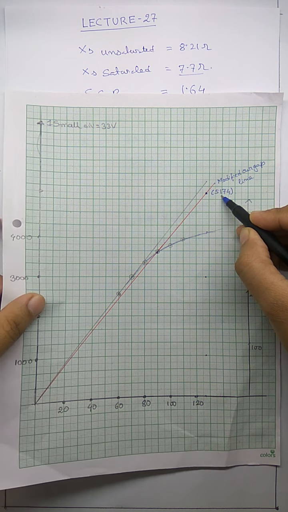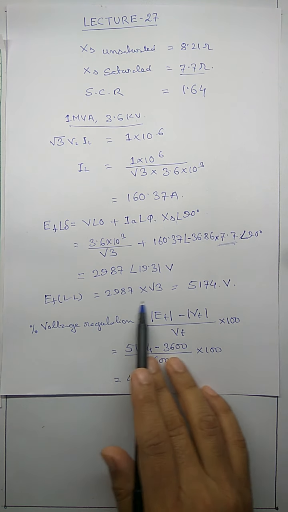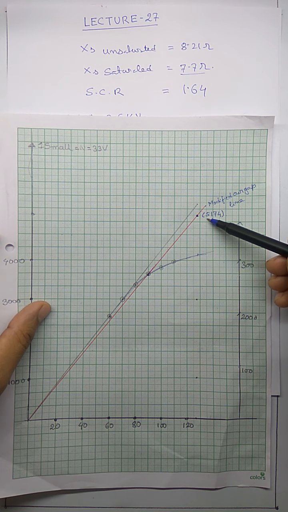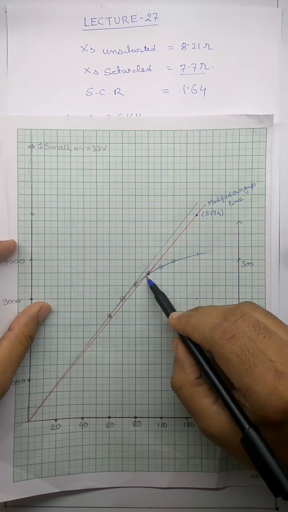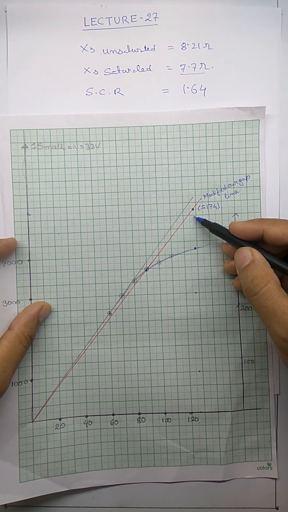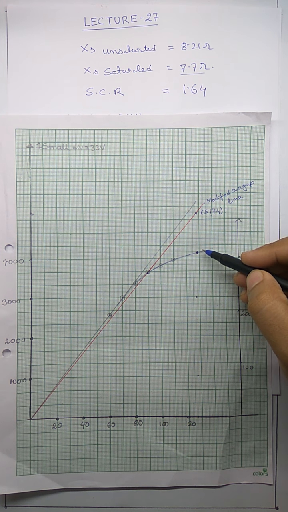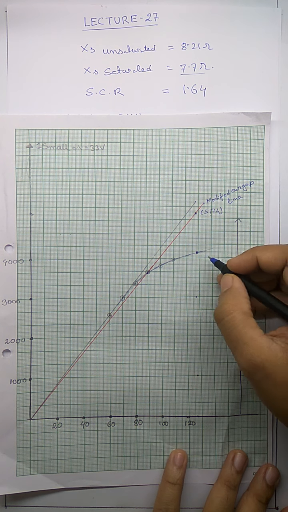From where did we get this 5174? We got it from the calculation here. Corresponding to this 5174, we find a corresponding point on this curve. Which curve? The OCC. This is the point corresponding to it. Now, what is the voltage here? You can find from the graph that it is 4432.